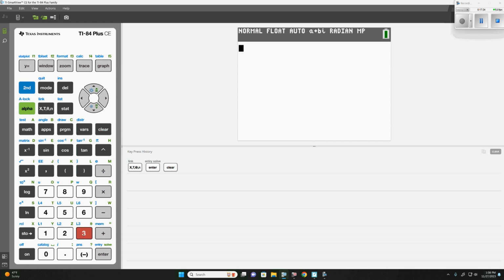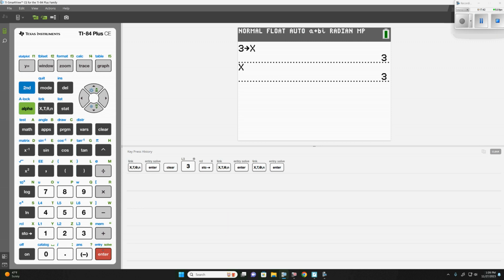3, yes? 3. A button on both calculators, STO, that is store. So what we can do is we can type the number we want, hit the store key, and then hit the variable. And what that's told the calculator is from now on, whenever it sees x, its value is 3.